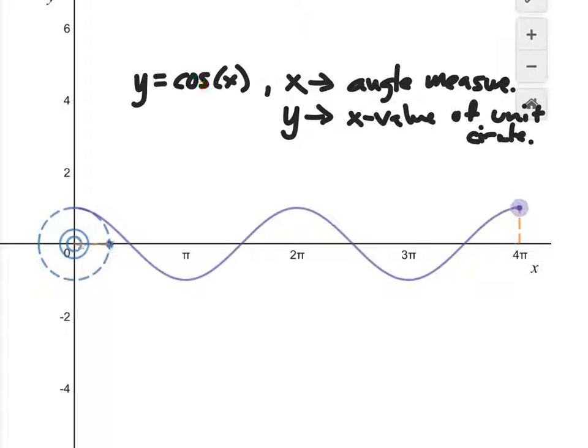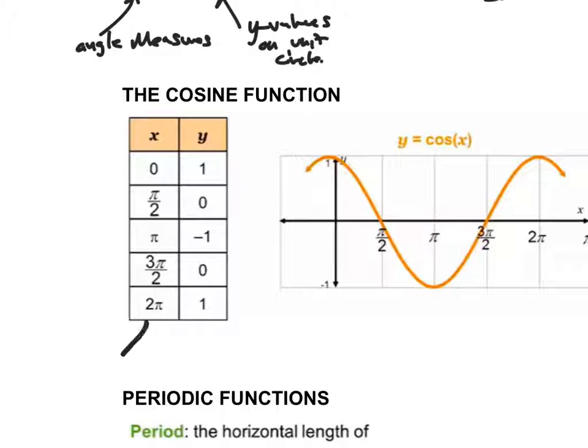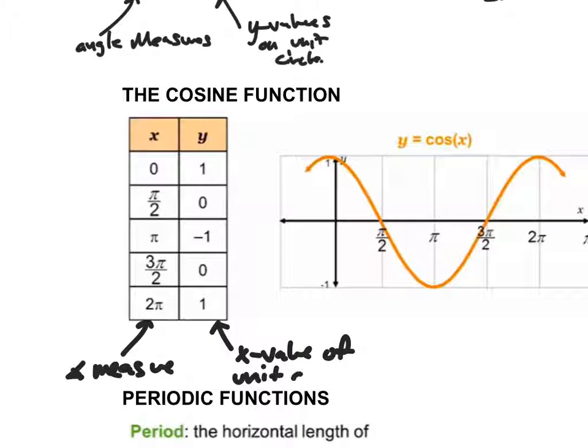Remember, cosine is x, sine is y, and that's how we create those points. So let's write on our notes that the x is the angle measure, and that the y values of your cosine function are created from the x value of the unit circle.